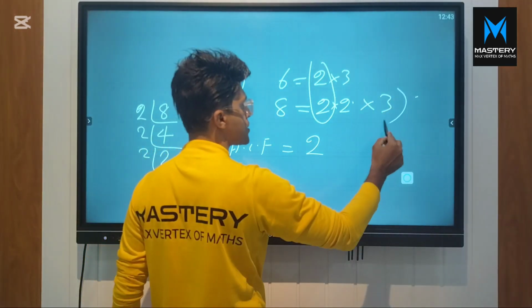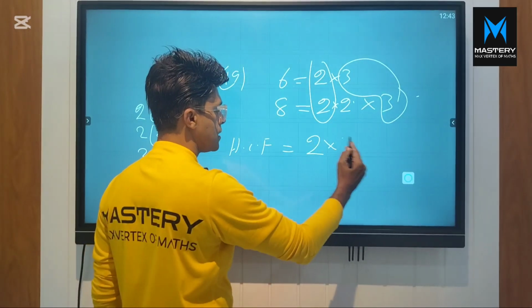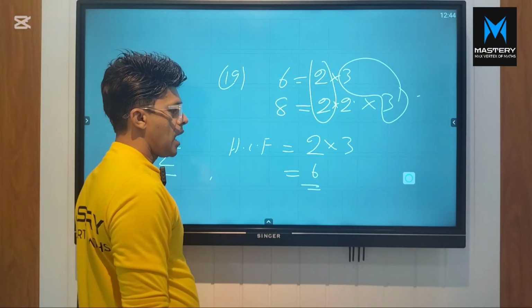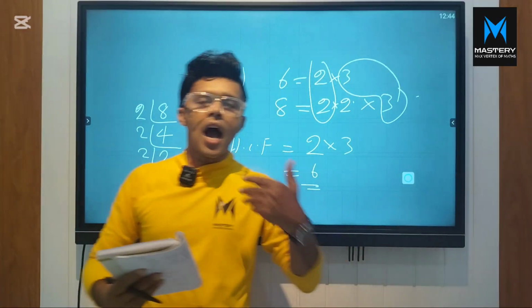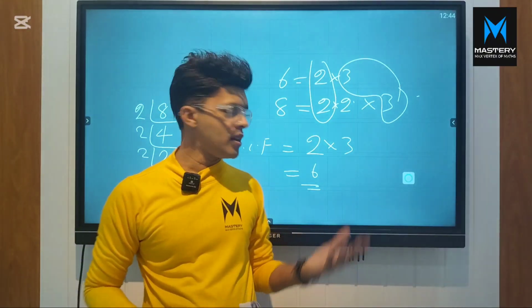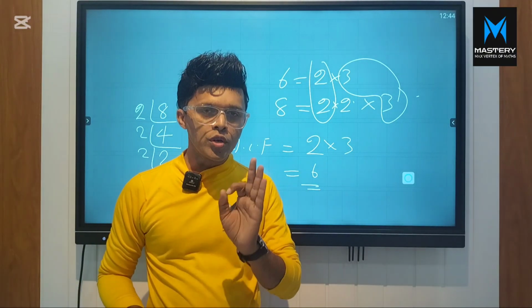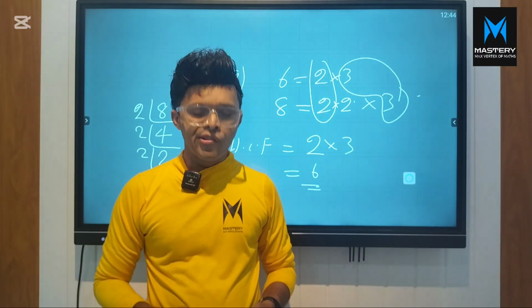And you also need to consider the common factors. Then the highest common factor is 2. Considering factors as well, the same answer can be taken. But you need to learn this way of getting the HCF of given numbers, right?